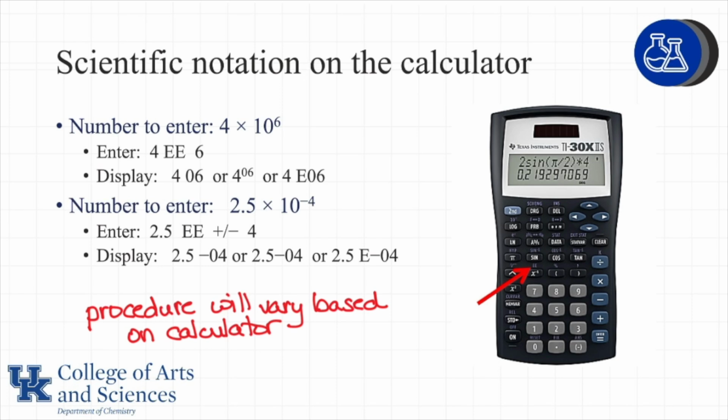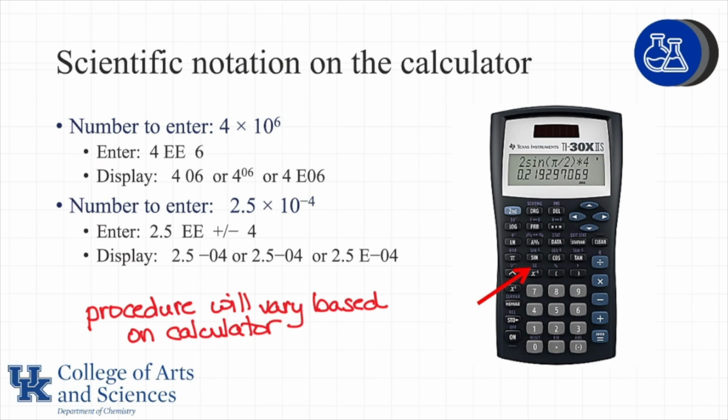One, you can ask for help, obviously, if your calculator model is different. Or you can also go online and search for things like the model number of your calculator and scientific notation, and it should give you the instructions. I'll also provide a link to another video I have that's just using the TI-30X2S calculator with scientific notation. It goes into it in more detail.